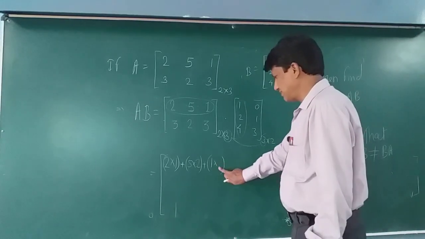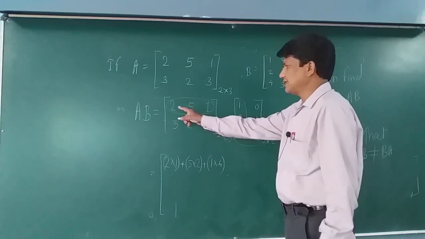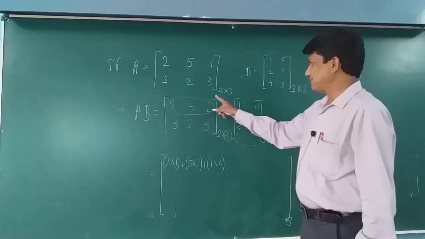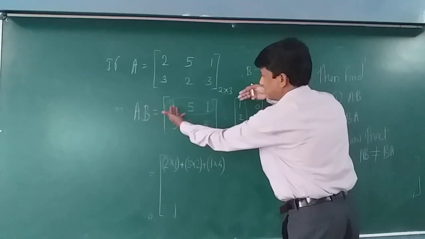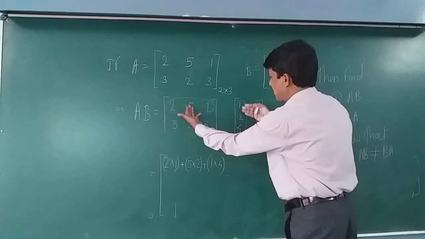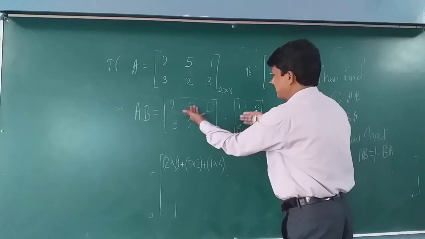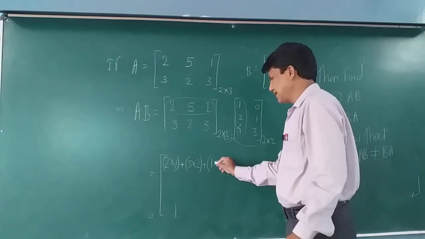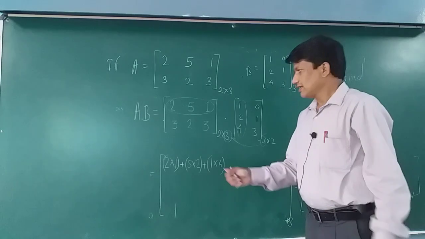This is number 4. So what is the procedure? Row wise and column wise. First number multiplied by first. Right here, second number, come down. Second multiplied by second number. Third number multiplied by third.